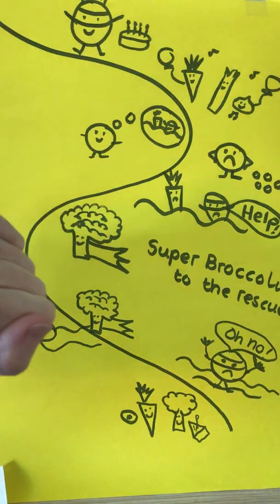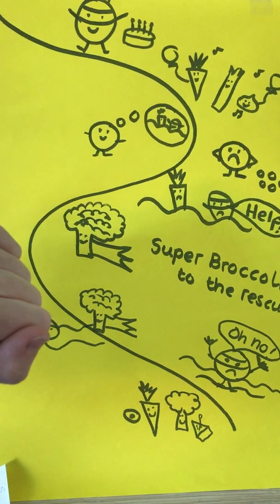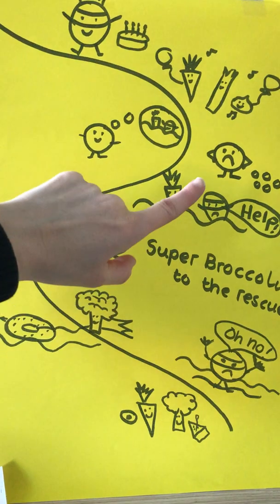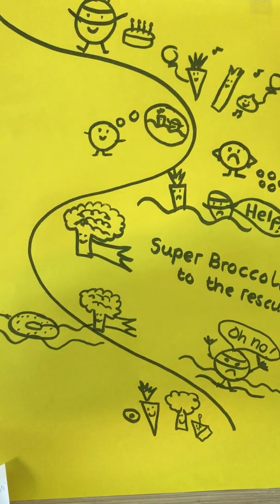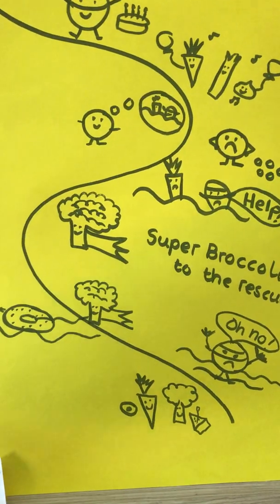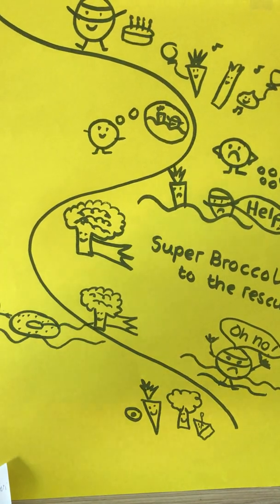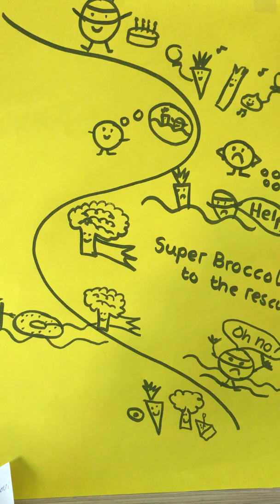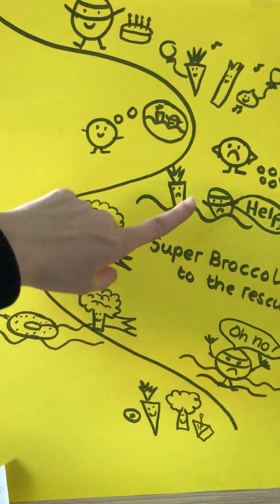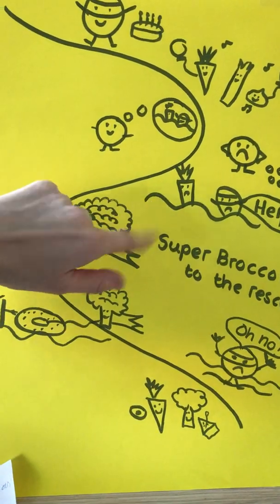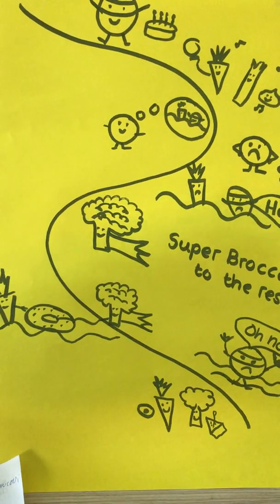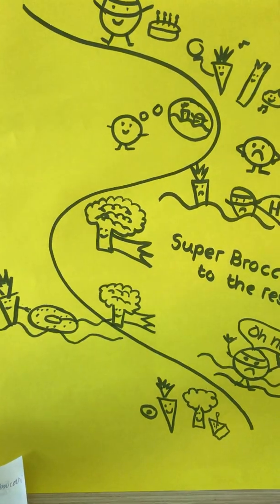Oh no, we're stuck, cried the carrot. This is a very sticky situation, said Supertato, but he was far too clever to let the evil pea spoil his birthday. There's only one thing for it, called Supertato as he pressed the button on his belt.